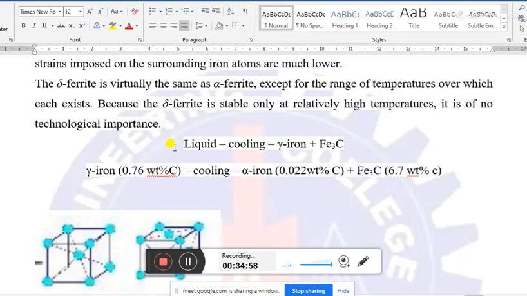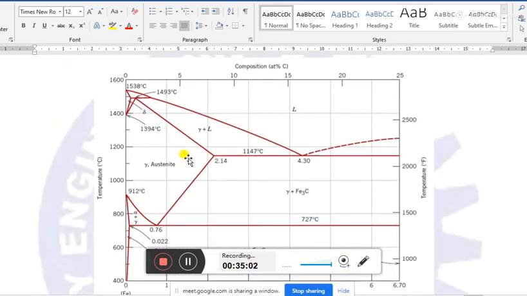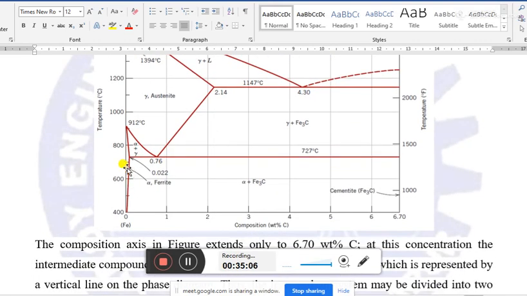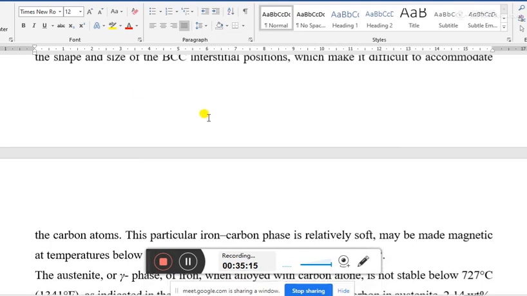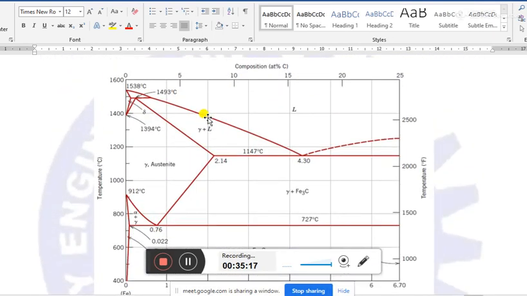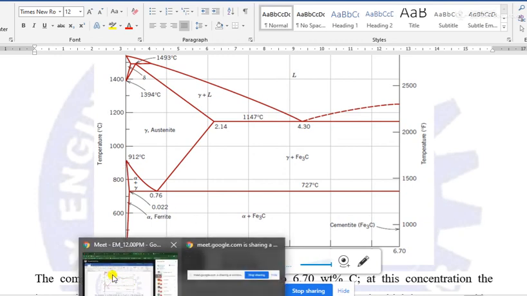That's why in the austenite state, the carbon solubility is much higher, approximately 100 times that of alpha iron or ferrite. Okay, this is the reason for this abrupt change of solubility of carbon in these two states of iron. This is all about the iron carbide phase diagram.